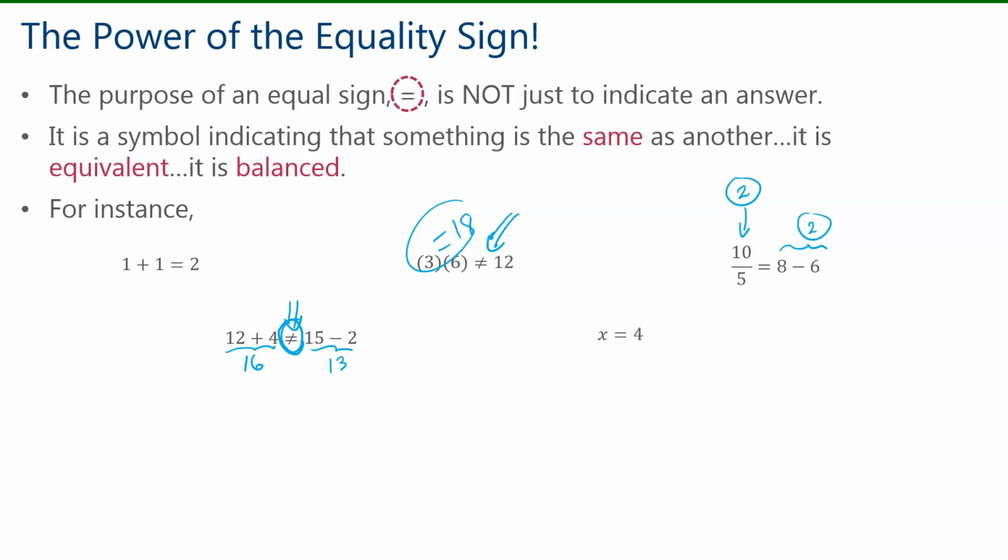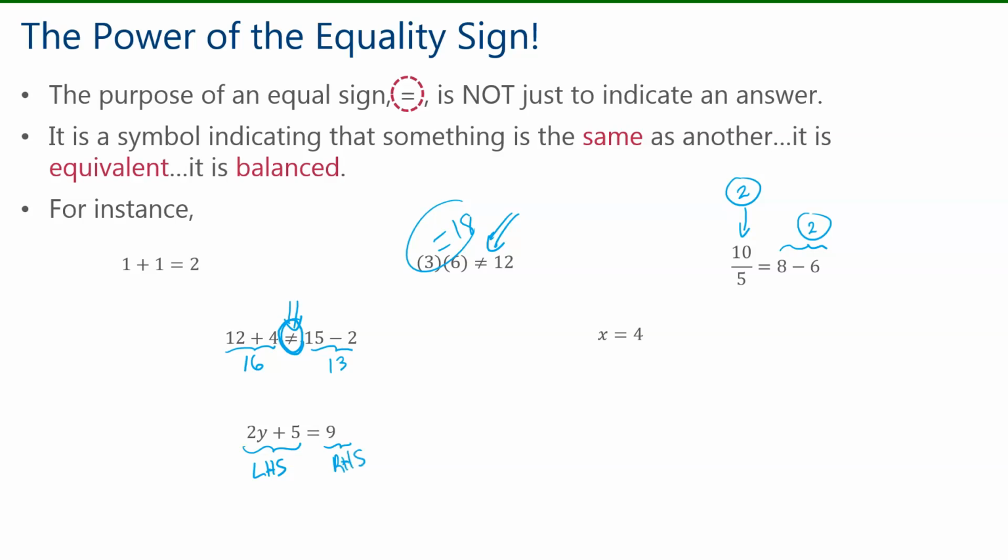And we can put variables into the mix here as well. So if x equals 4, that tells you that the value for x is indeed 4. 2y plus 5 equals 9. That's telling you that this side of the equation, the left-hand side, I'll often use LHS for that, is equal to the right-hand side, RHS.